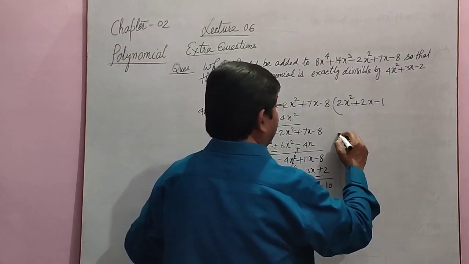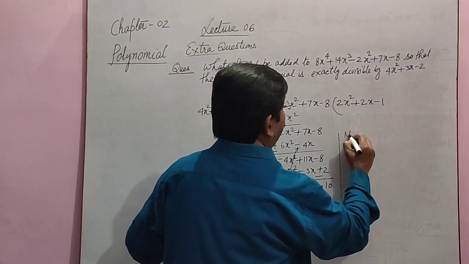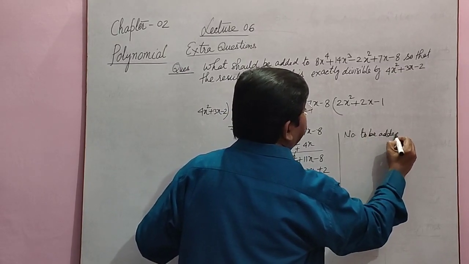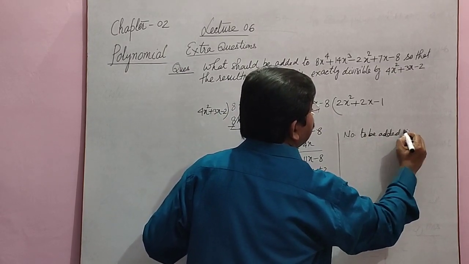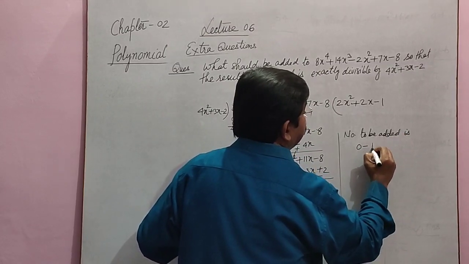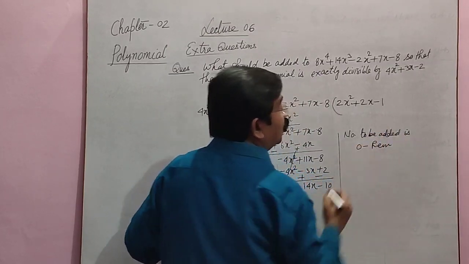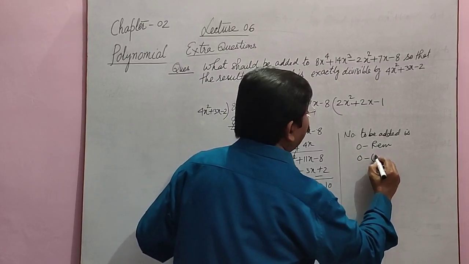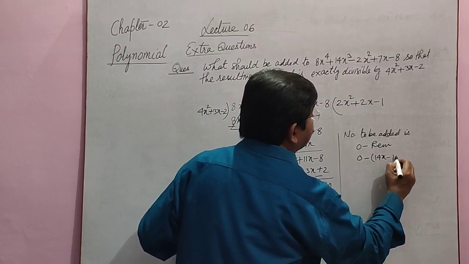So you will write like this. I am writing this side. Number to be added is 0 minus remainder. 0 minus remainder means 0 minus, we have 14x minus 10.